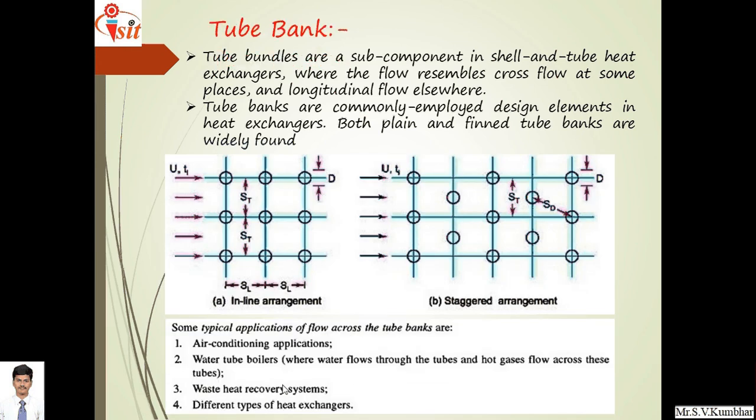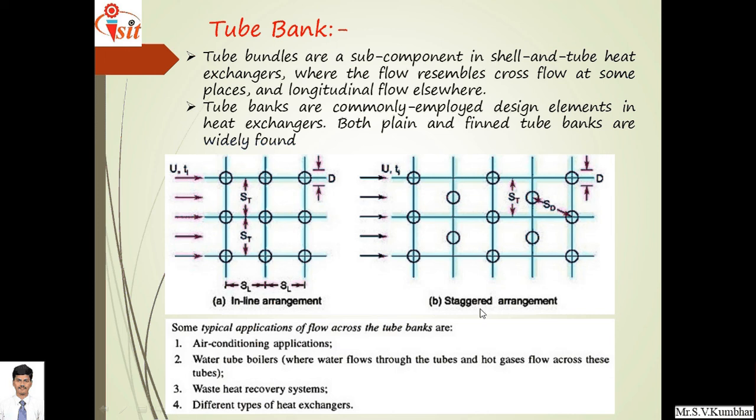Here this is a tube bank in inline arrangement, and this is the tube bank in staggered arrangement. Inline arrangement means this tube is in line with this tube, which is in line with this. So, all the tubes are in line with each other, and when any fluid flows over these tubes, heat transfer takes place between the fluid which is flowing through them and the air which is flowing over them, right.